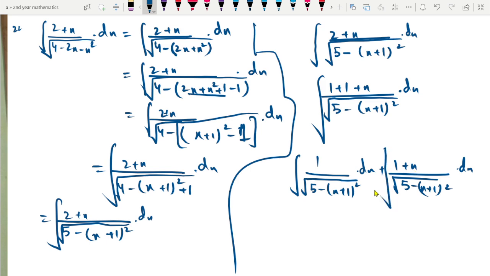Now let x plus 1 is equal to u. So 1 is equal to du divided by dx, which implies that du is equal to dx.